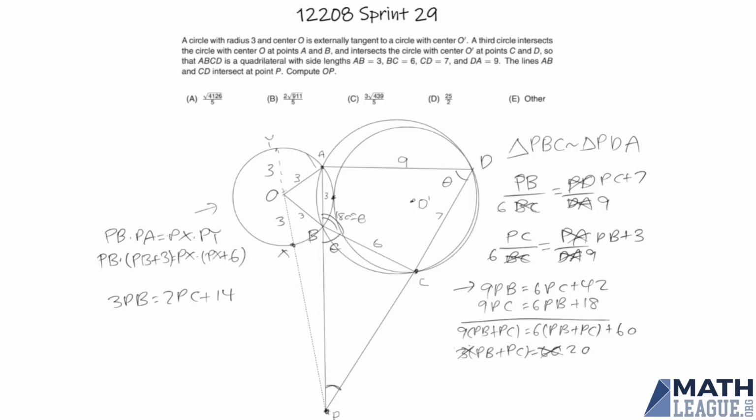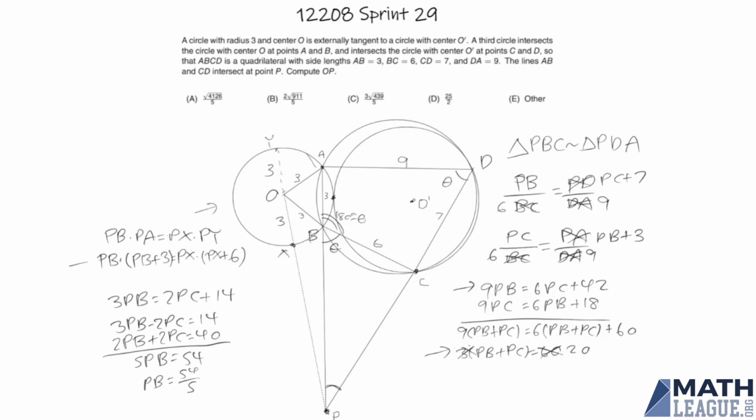Subtracting 2PC from both sides, we get 3PB minus 2PC equals 14. And for this equation, multiplying both sides by 2, because we want to eliminate the PC, 2PB plus 2PC equals 40. So now we add both equations, we get 5PB equals 54. And then PB would equal 54 over 5.